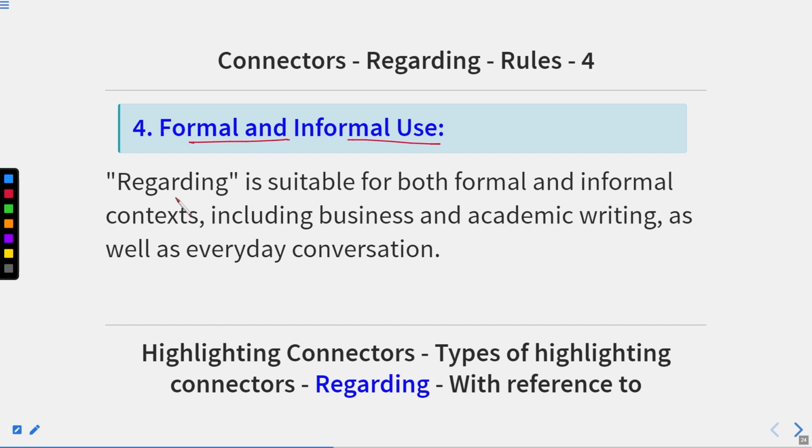Formal and informal use. Regarding is suitable for both formal and informal contexts, including business and academic writing, as well as everyday conversation. So here you can see regarding is suitable for both formal and informal contexts. Now, if we talk informally, we do not use these words frequently.